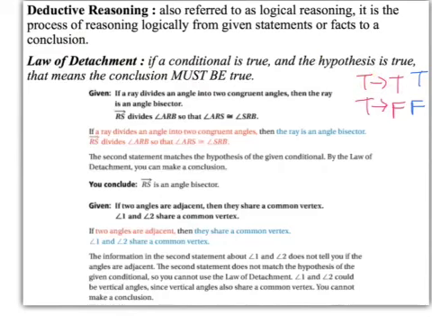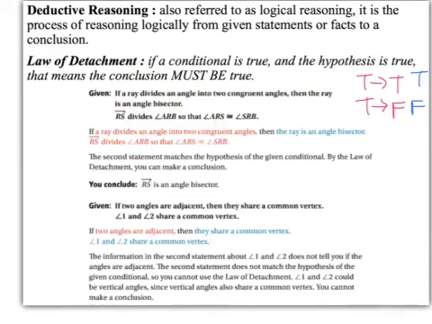So let's say the given statement is, if a ray divides an angle into two congruent angles, then the ray is an angle bisector. So the hypothesis is a ray divides an angle into two congruent angles. The conclusion is the ray is an angle bisector. The next given says that ray RS divides angle ARB so that angle ARS is congruent to angle SRB.